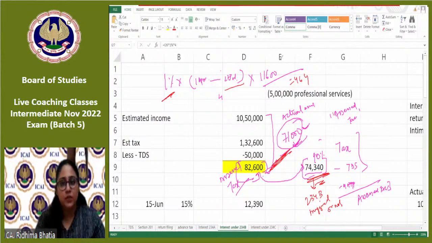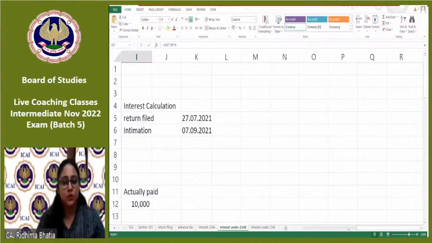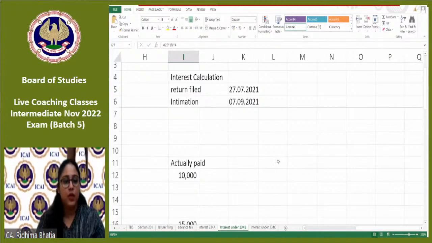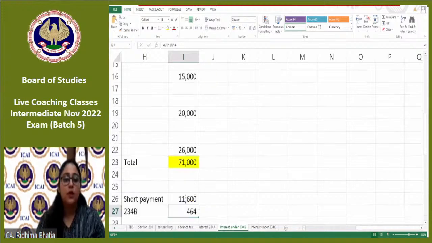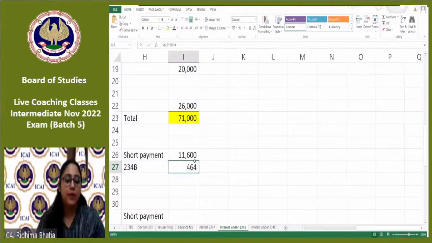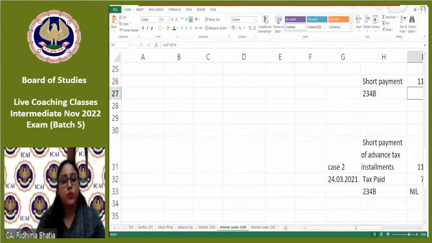So now let's assume in the same example, actually paid was 71,000 in 4 installments, right? Now suppose I paid more tax on 24th March.